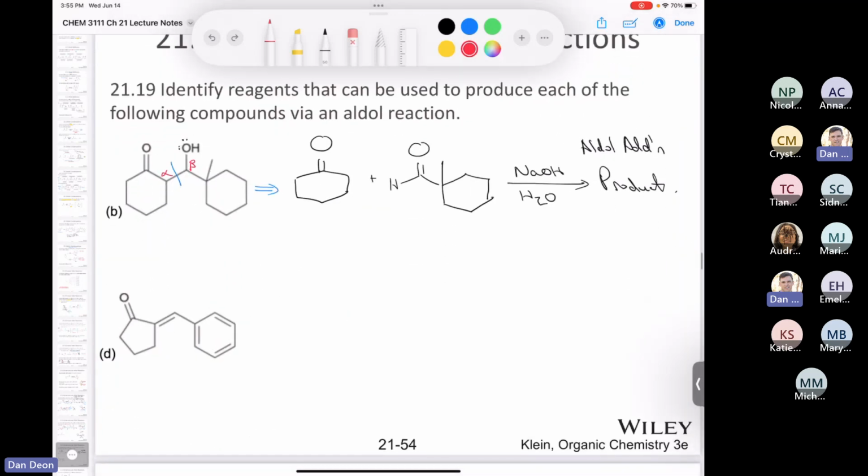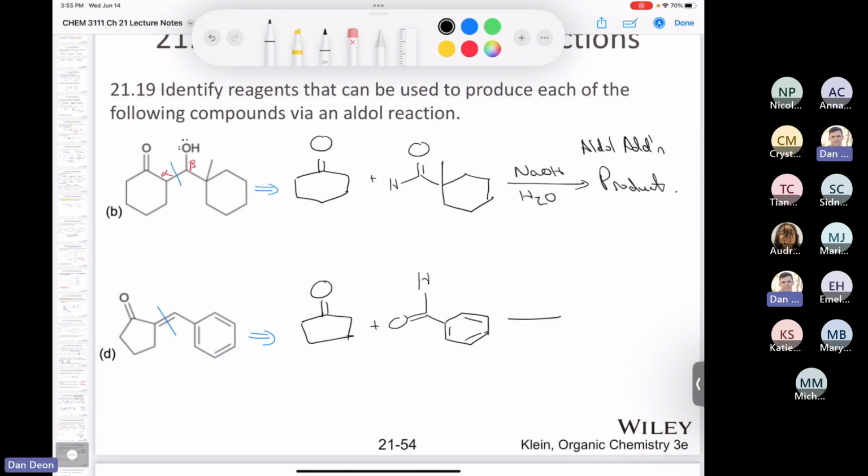For the next one, we've looked at aldol condensations enough to know that this is where the bond comes from. So retrosynthetically, what are we going to start with? We're going to have cyclopentanone, and then our aldehyde is just going to be benzaldehyde, isn't it? So this is an aromatic ring like that.